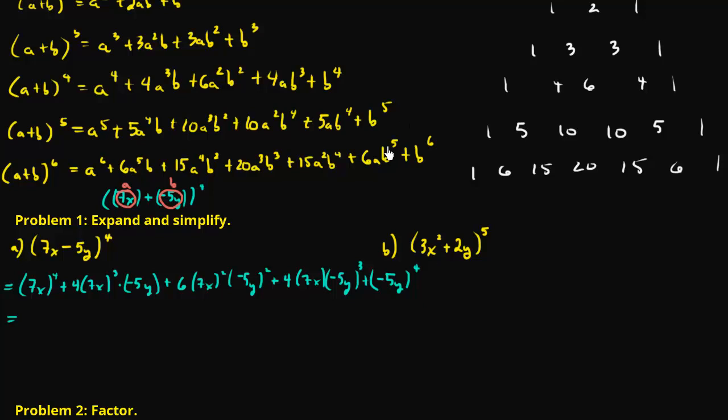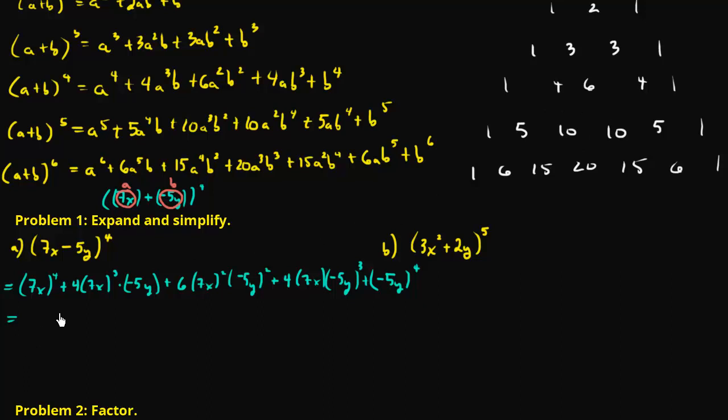The powers of negative 5y go in the reverse order, from 0 up to 4. And the coefficients go 1, 4, 6, 4, 1. Those are the entries from row 4 in Pascal's triangle.